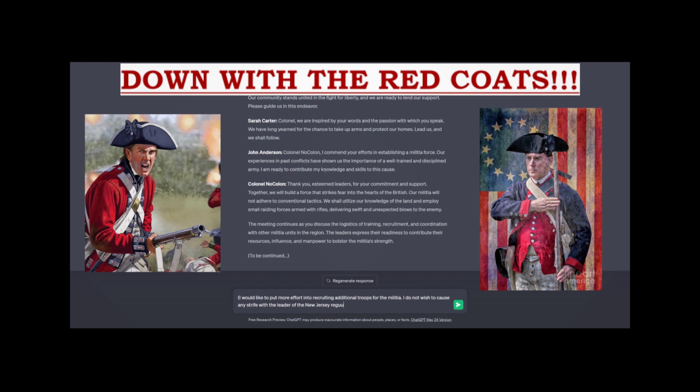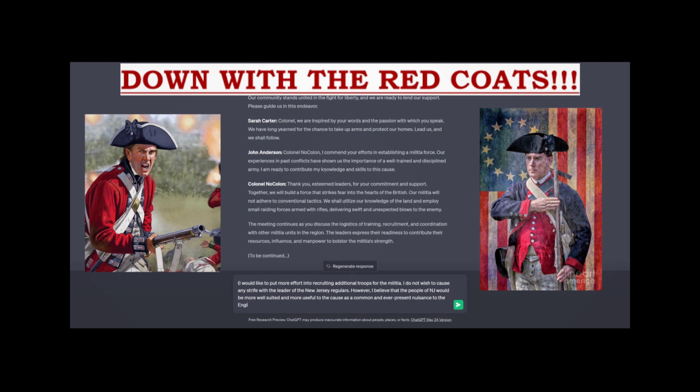However, I believe that the people of New Jersey would be more well suited and more useful to the cause as a common and ever-present nuisance to the English efforts in this land.